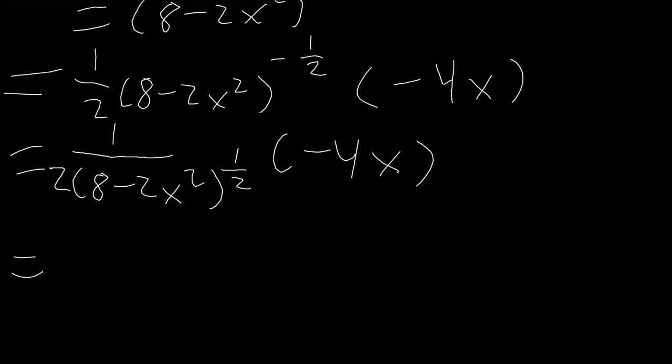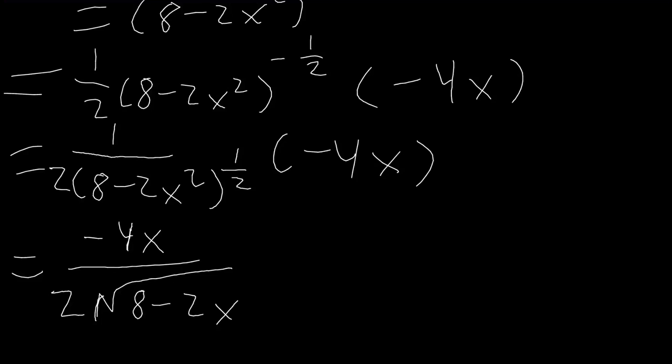Now we can just bring the negative 4x up top. So it's going to be negative 4x over 2. And then a half means a radical, so we can just do radical 8 minus 2x squared. And that's going to be our answer.